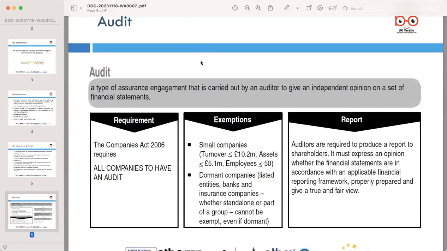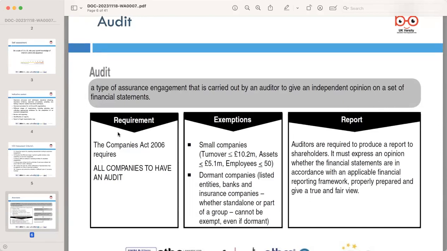Okay, that's good. So here, audit is a type of assurance engagement that is carried out by an auditor to give an independent opinion on a set of financial statements. Requirements, exemptions, reports. Let's talk about a law called the Companies Act 2006. The law is like a set of rules for companies.